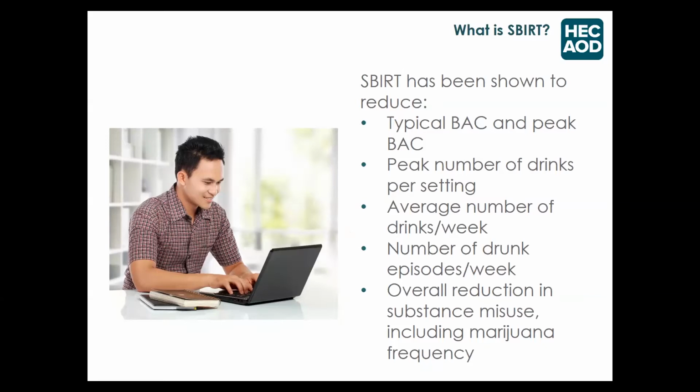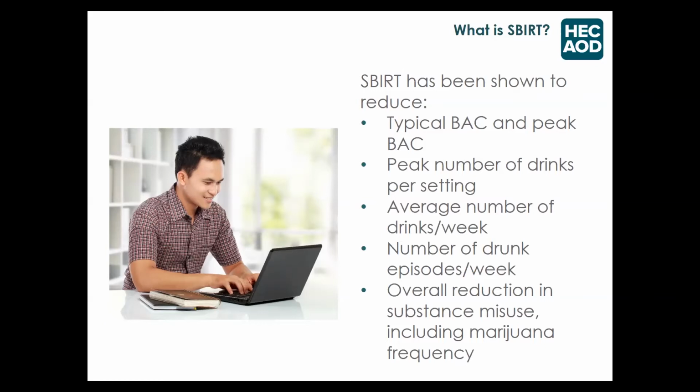The keys of what it reduces are some of the key issues that we know college students face, like limiting the number of peak drinks per setting, reducing the average number of drinks per week, and reducing the number of drunk episodes per week, along with the overall reduction in substance misuse, which includes marijuana frequency.